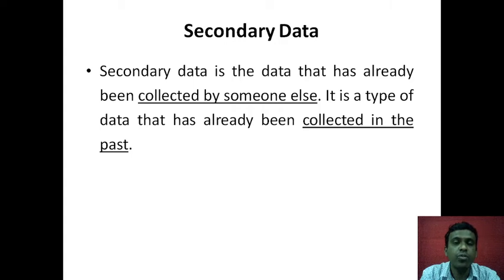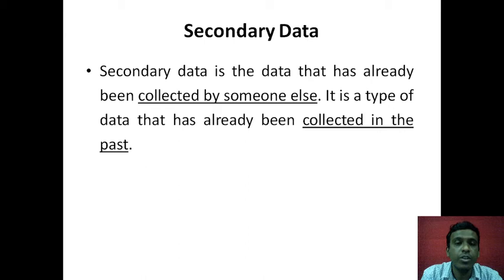That is, if you want to know the population of India, instead of going and counting the population of India in all individual homes, it becomes easier to get secondary data from government sources. Government has already done this for you. So why would you go and count how many people are staying in India?